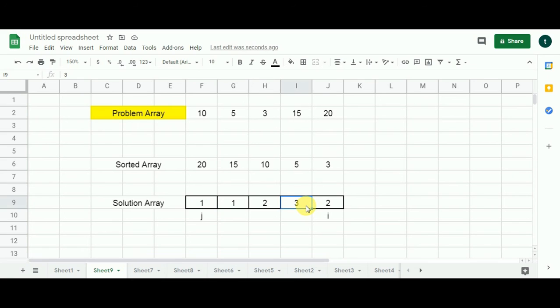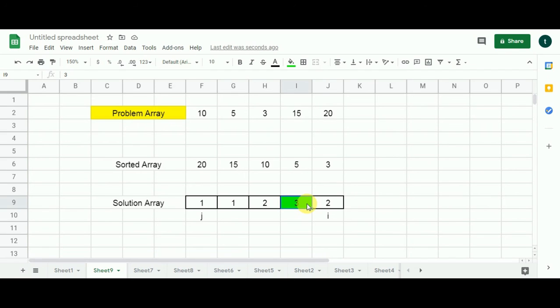So now what I have to do is pick out the maximum value from this solution array, which is 3. So 3 is the length of the largest divisible pair subset, like we saw in our slide.